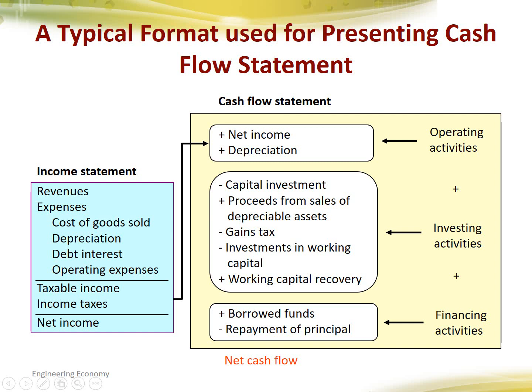Then you look at capital investment, which you pay, so it's minus, and you get proceeds from sales of the depreciated asset, as we have already shown just now, from your salvage value adjusted depending on the exact value of the sales against the book value at the time, right?